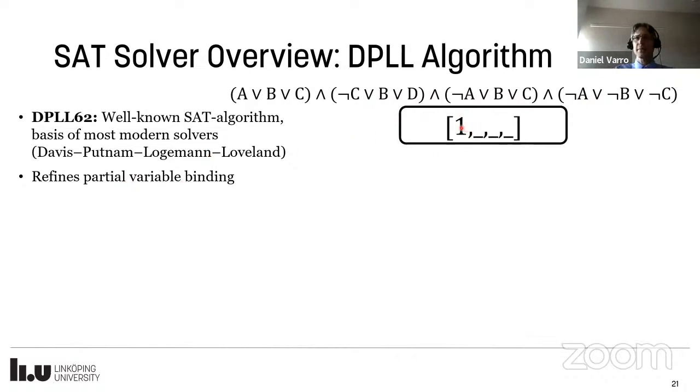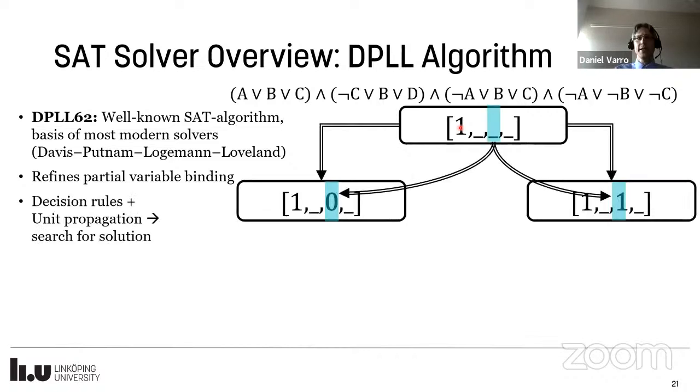So for instance, we already made a decision that variable A is true. Now the algorithm selects a variable and makes a decision. For instance, variable C is refined to either 0 or 1. Once we make a decision, which is done by decision rules, we also apply unit propagation rules to propagate the consequences of those decisions.